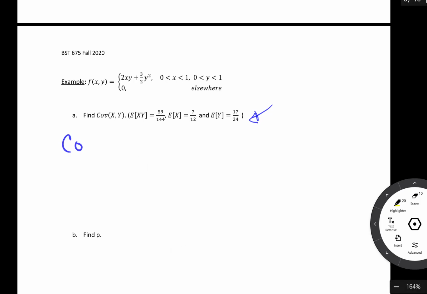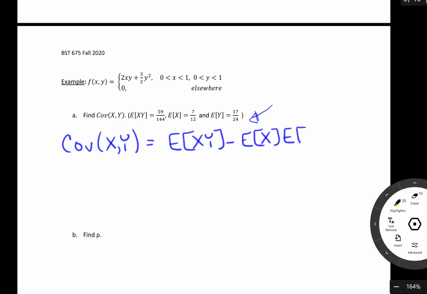By our useful facts above, the covariance of x and y is equal to the expected value of x times y minus the expected value of x times the expected value of y.